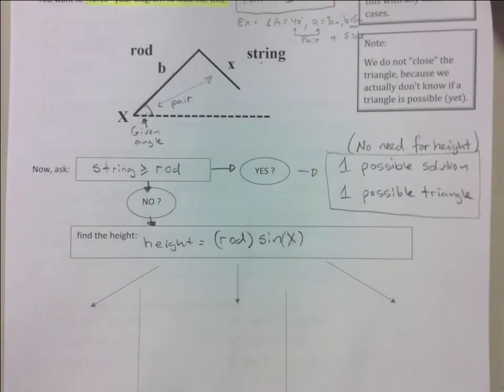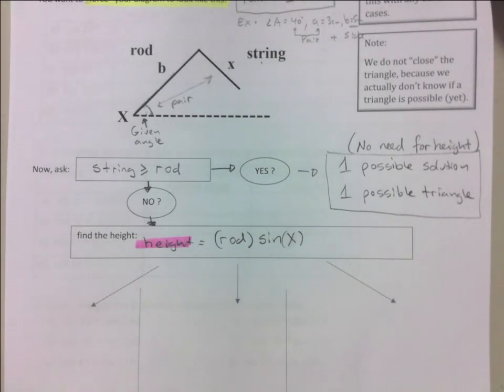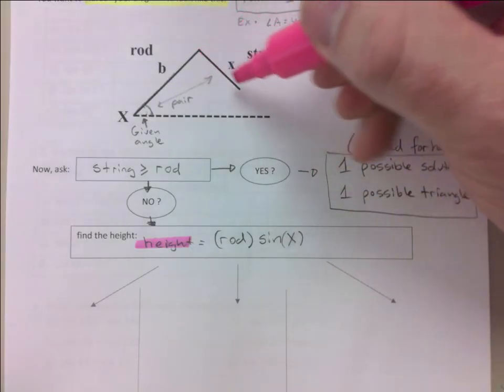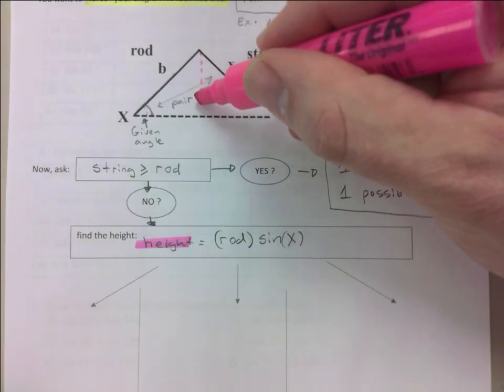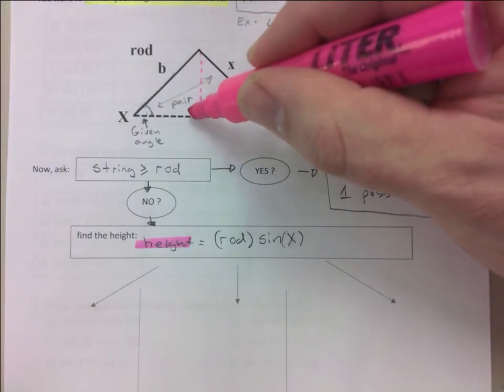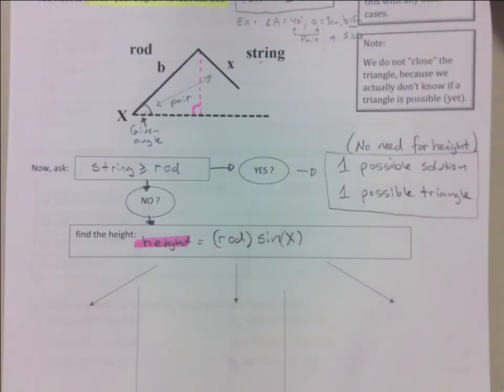And I'm going to use a color for this, because some students miss this. So the height, this height, is essentially going back to our sketch, and we're going to figure out what is that distance from the peak to the bottom of this sketch.